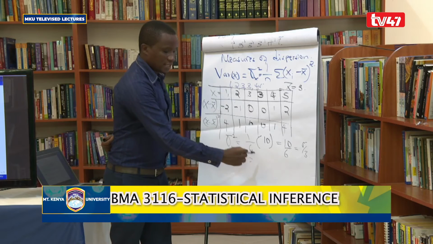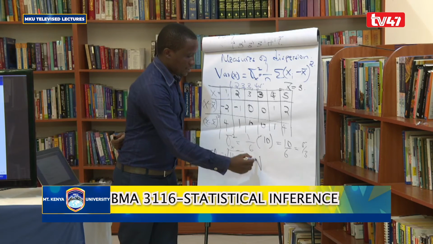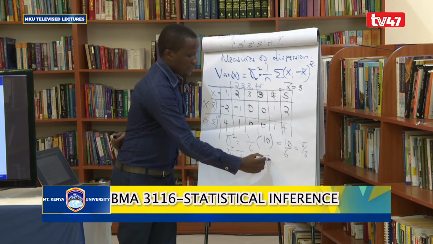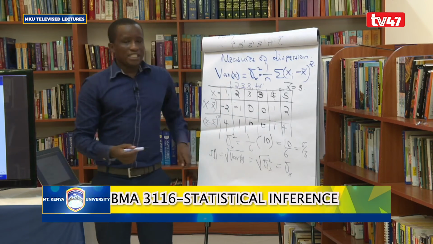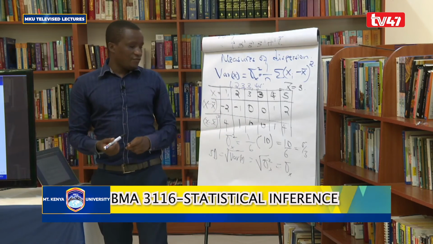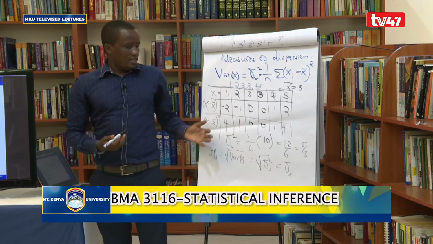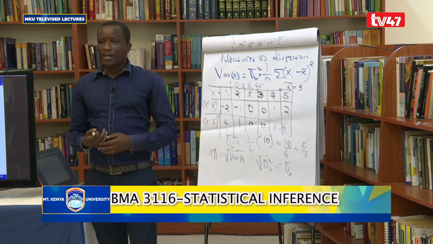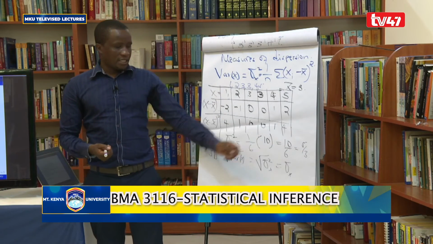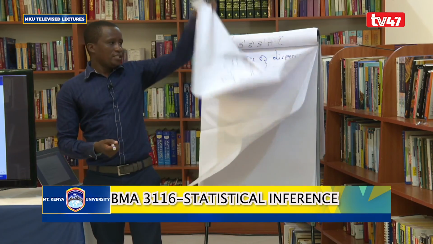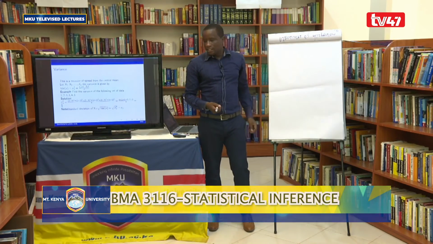In this case, we are looking at the square root of sigma squared x, which is sigma of x. So this is the symbol for the standard deviation of x. And if I were to use the same example here, then to get the standard deviation of x, I would square root 5 over 3.